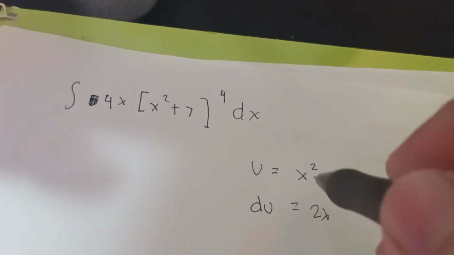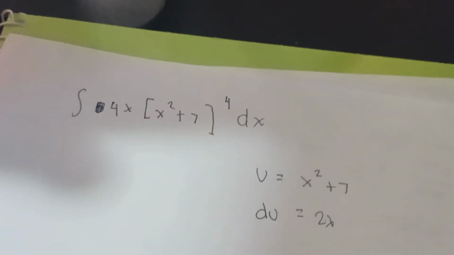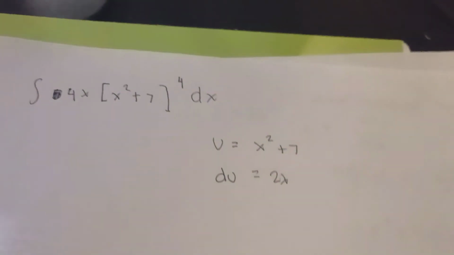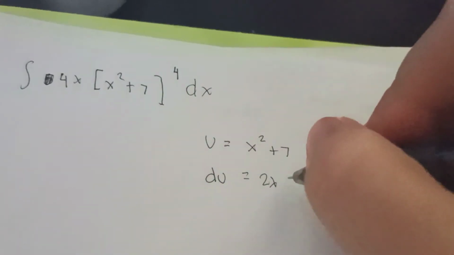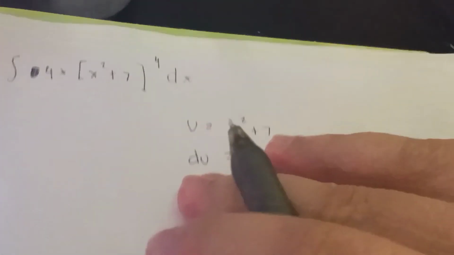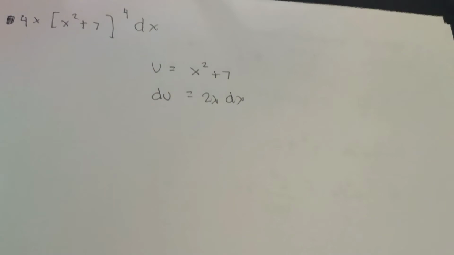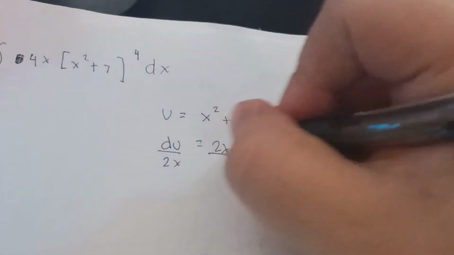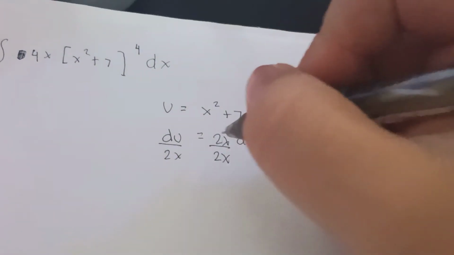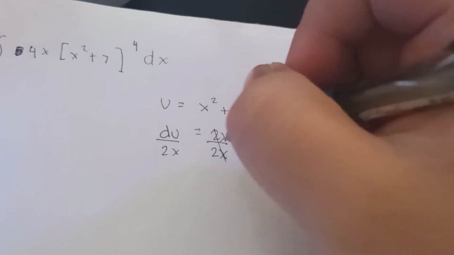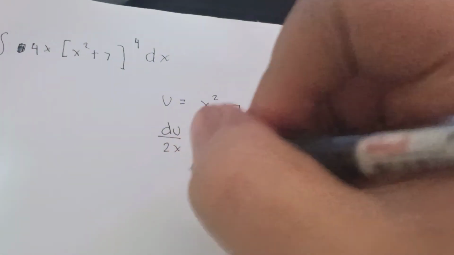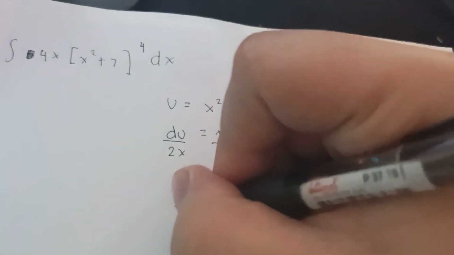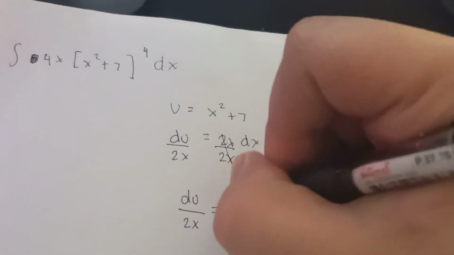So du is 2x since 7 is constant. What we need here is dx, so times dx here. So in order to get the dx here, we just have to divide by 2x, and then this one will cancel since it's 1, and this will remain, making it once again du over 2x equals dx.